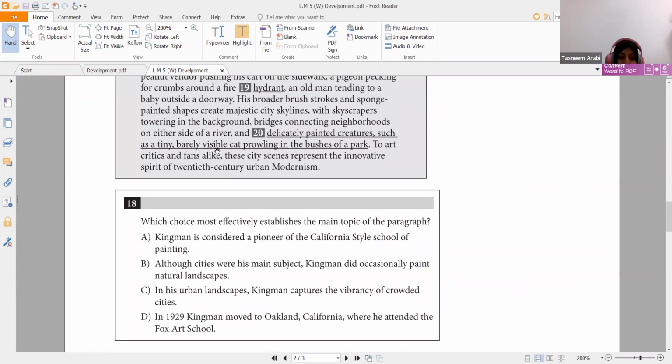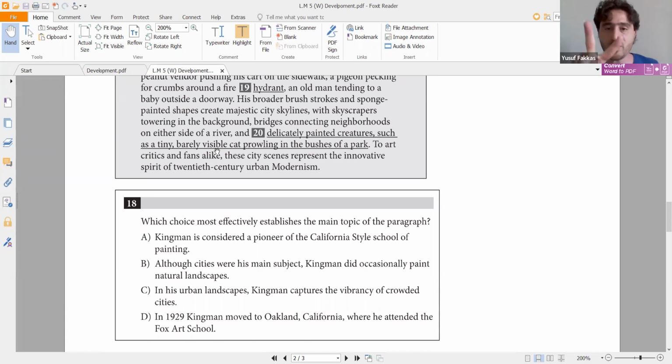Can I ask a question? Yes. In development, we don't talk about the whole passage. It can be for only one paragraph. Most of the time, you can say 60 to 70% of the development questions are concerned about one paragraph.